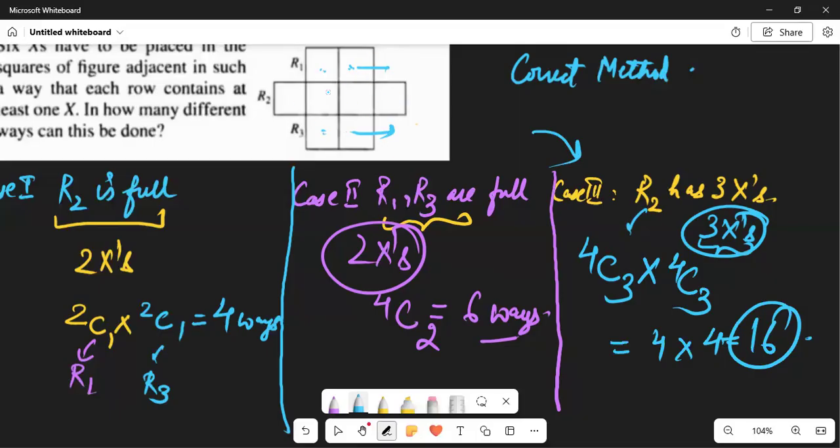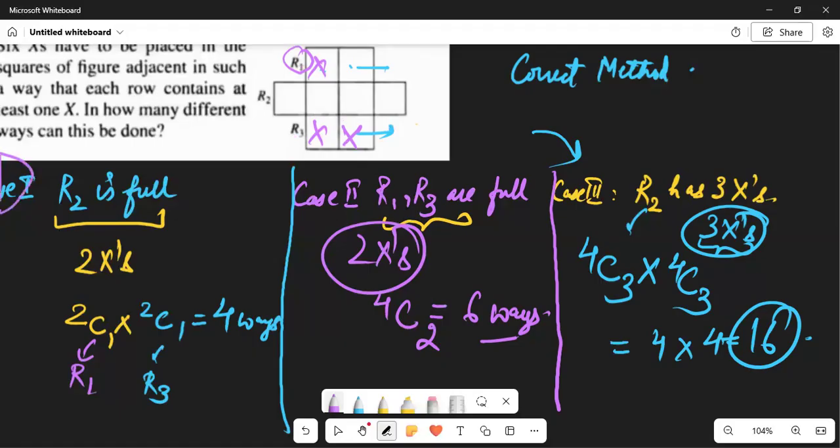So this guarantees that at least one will be there from each row, because either you choose this or you choose it like this. Since there are 4 positions and 2 are there in each row, one square will be taken from each row, and the third one can be taken from any of the rows.